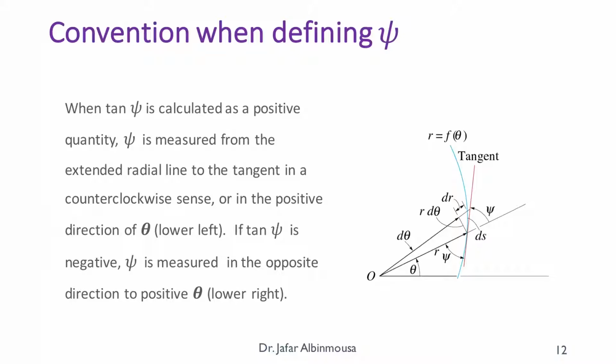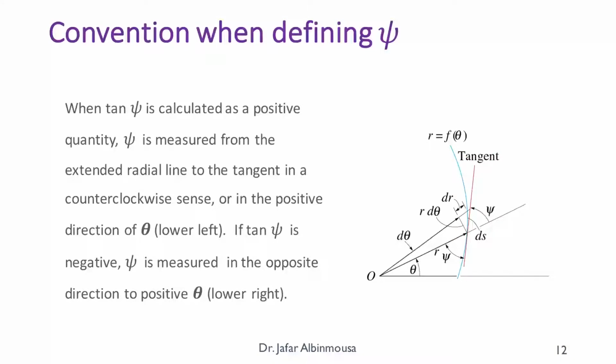Here we have the convention when defining psi. So when tan psi is calculated as a positive quantity, so if you measure the tangent of psi and you get it as a positive quantity, then psi is measured from the extended radial line to the tangent in a counterclockwise sense. So basically you measure the angle right here, psi. So whenever it is positive, this means you extend the radial line and then you go counterclockwise all the way to the tangent.